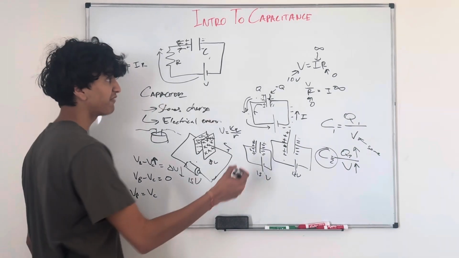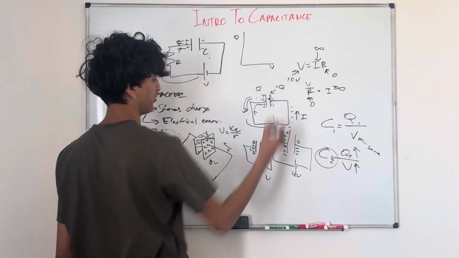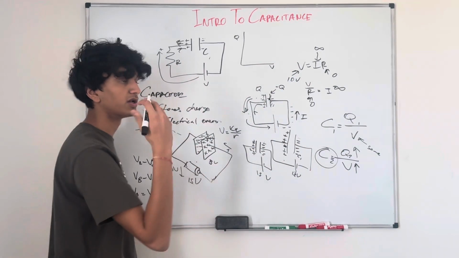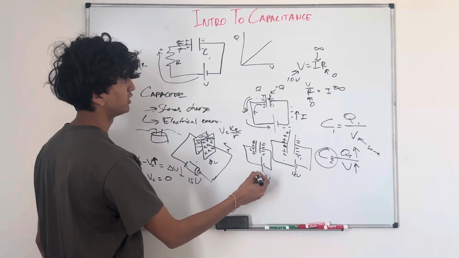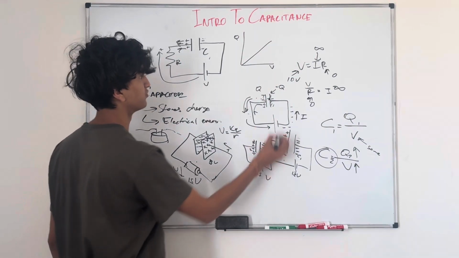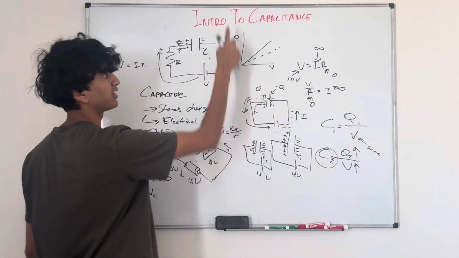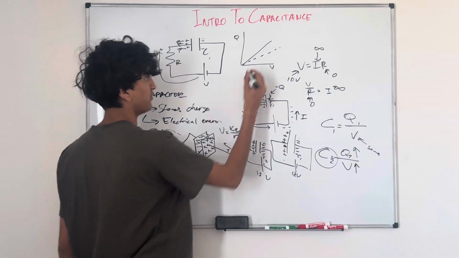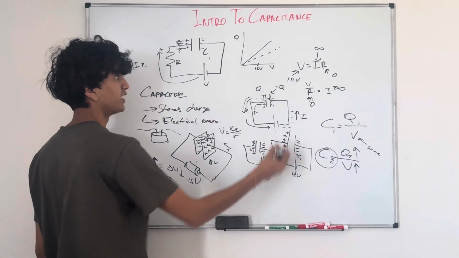So if I were to graph this, Q over V, if I think about C1, I'm going to make this one a full line. And then I'll make this one C2, which will be dotted. So as you can see, as I increase the voltage, I'm definitely going to get more charge on the capacitor. But let's say this is the 12 volts mark.